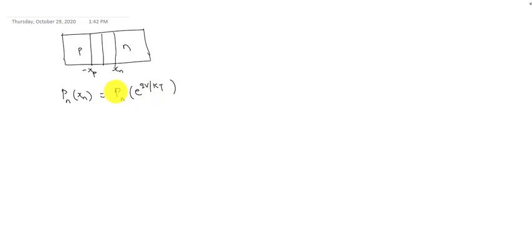So this is equation 3, and now we will calculate the excess hole concentration at the edge of the depletion region, that is Xn.